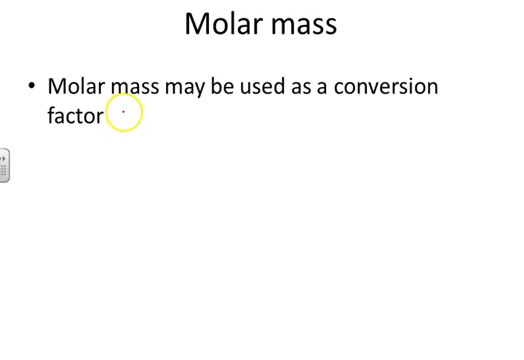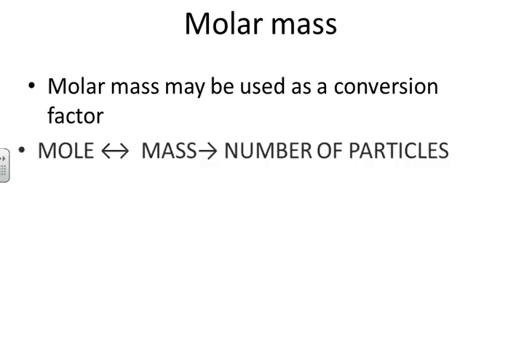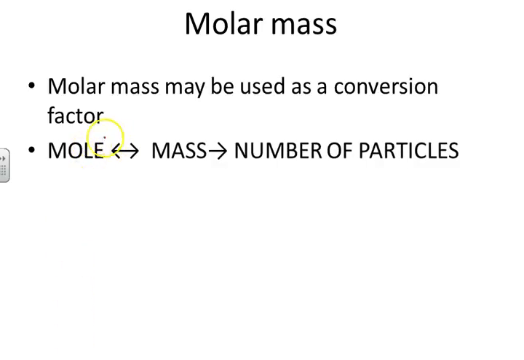Molar mass, just as with atomic masses, can be used as a conversion factor. You should be able to convert between moles, mass, and number of particles, back and forth in any direction. So that's what our problem solving is going to look at for the rest of this video, giving examples of each of these problem types.